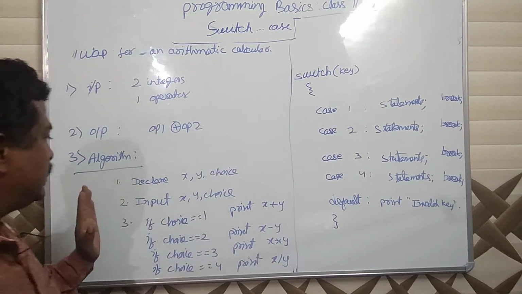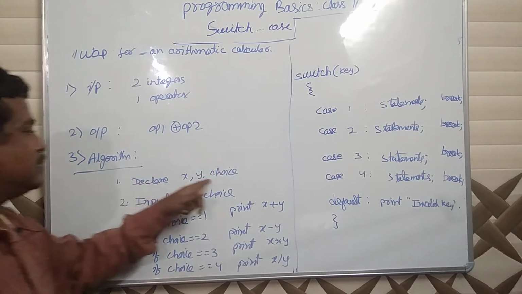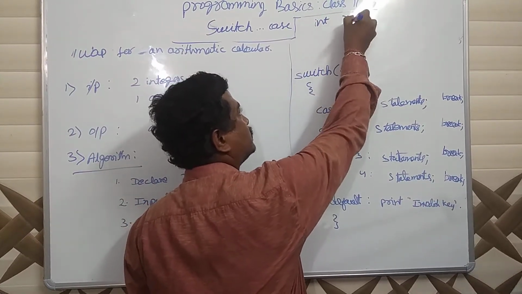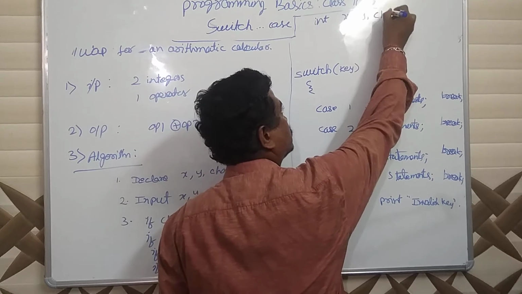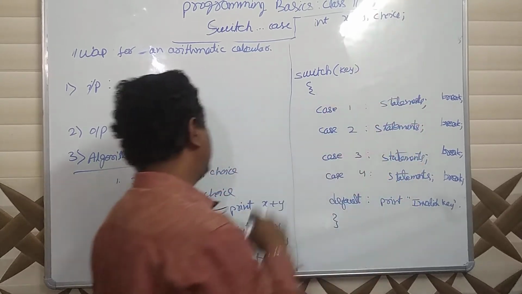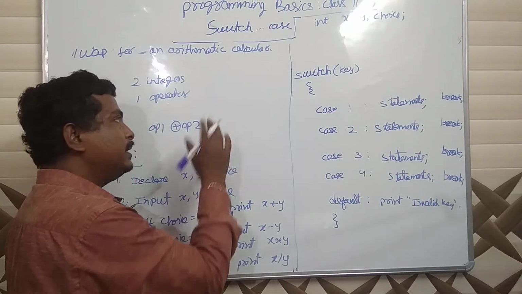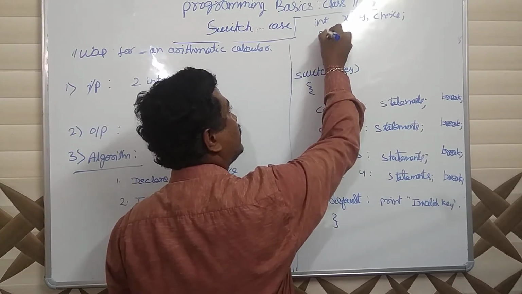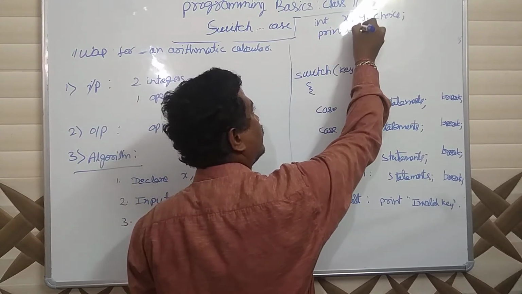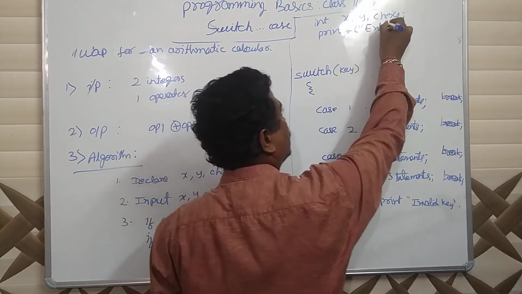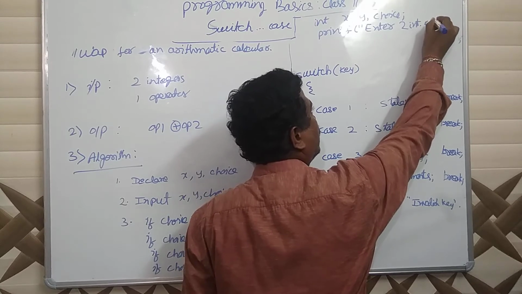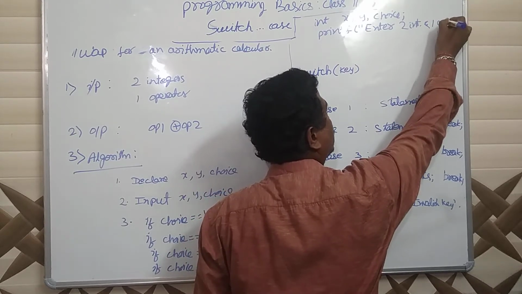So for this algorithm, what will be the program? First you declare x, y, choice. So int x, y, choice. You may take choice as a character also, no problem. Declaration over, now input. For input, first I will give a message: printf, enter 2 integers and 1 operator.